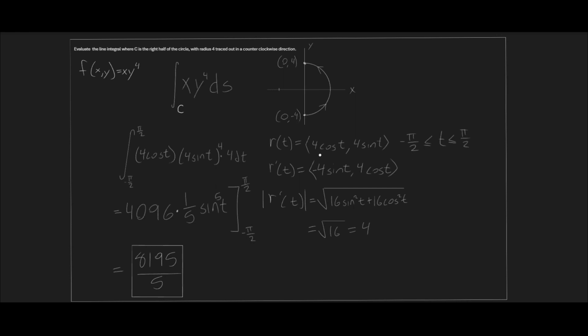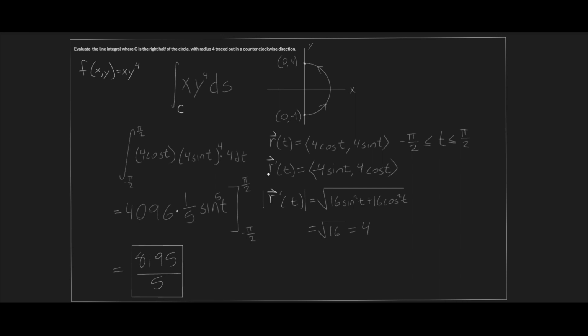So r is going to be 4 times cosine of t, comma 4 times sine of t. And this function will represent the curve c on all these points for when t is between -π/2 and π/2. So those are the bounds on t which limit it to these points.